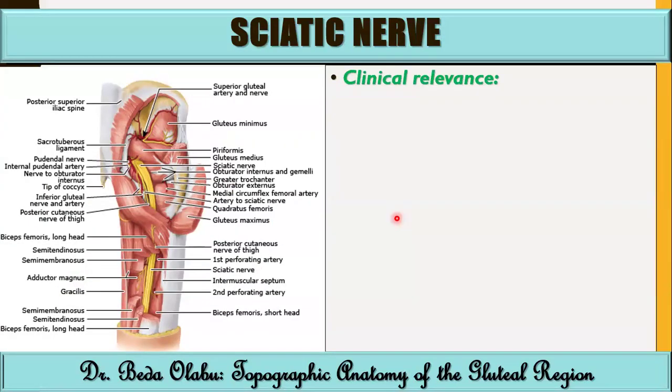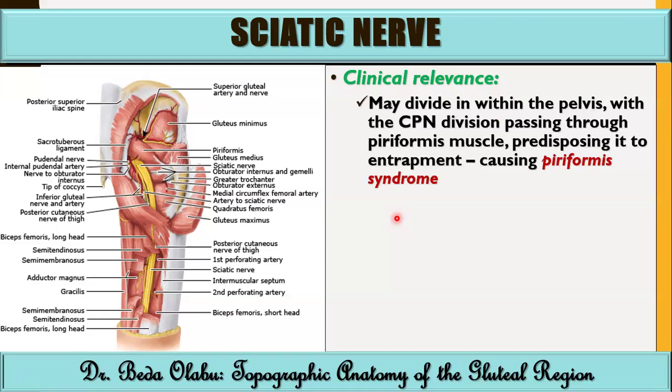So let's talk about clinical relevance of the sciatic nerve. I've already mentioned that the sciatic nerve may divide within the pelvis. If that happens, the common peroneal division may pass through piriformis. If it indeed passes through piriformis, the piriformis may entrap it. That's not the only cause of entrapment of the nerve by piriformis.